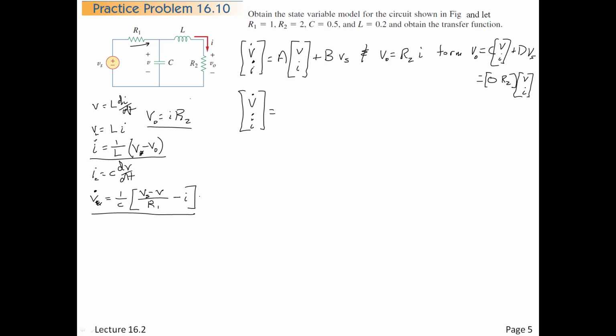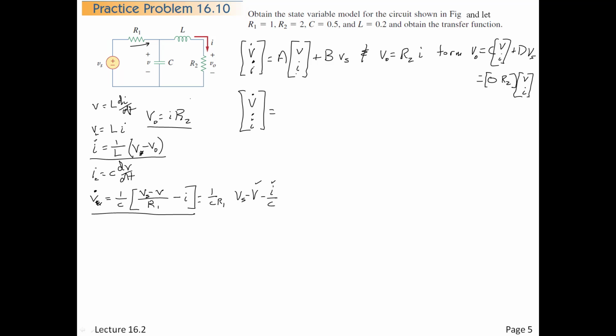So let me take this maybe another step right here. I will have 1 over C R1 times VS minus V minus I over C. Okay, where this and this are state variables, and this is the source, right? That's going to be our B term.